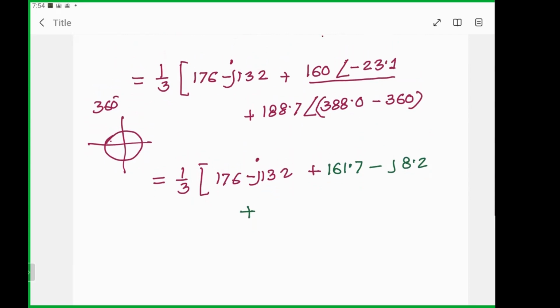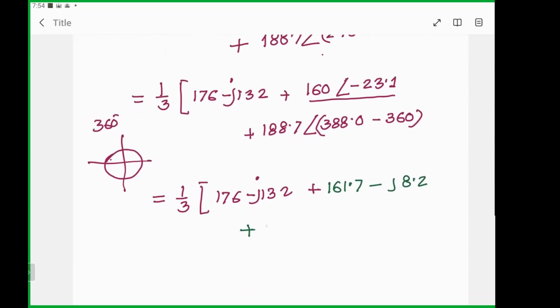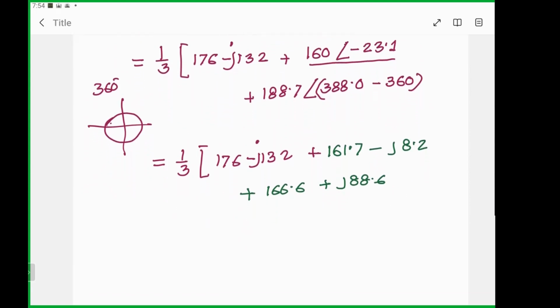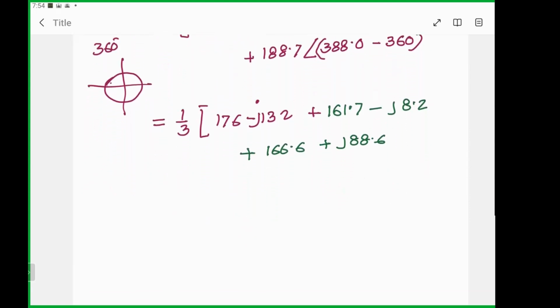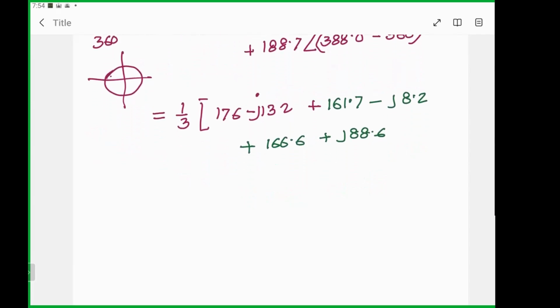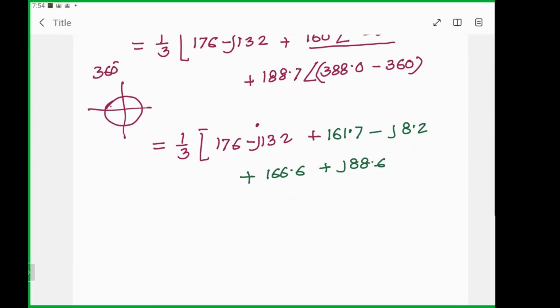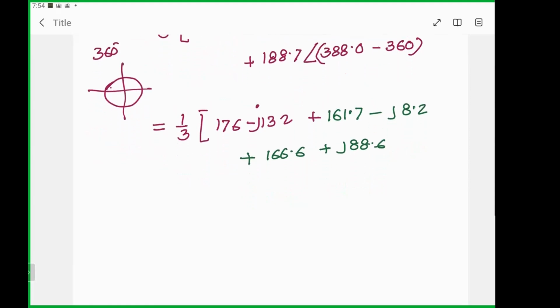We get 166.6 plus J 88.6. And if you are using 28, what is the value? Okay, just let's use 28 now.